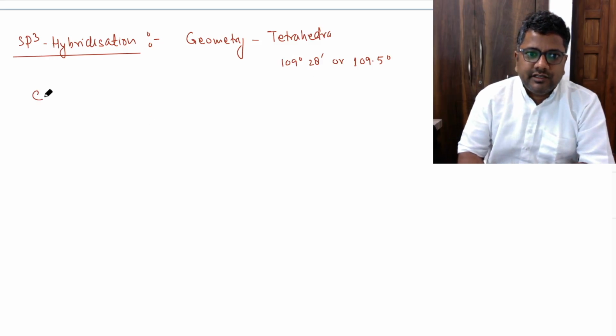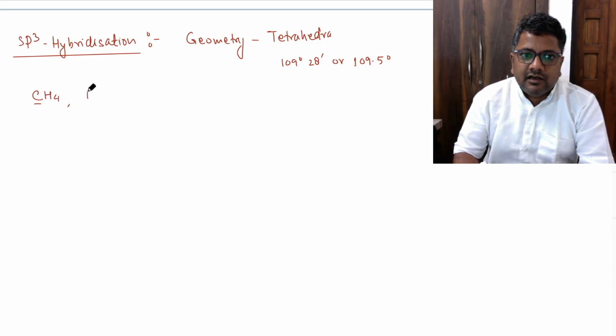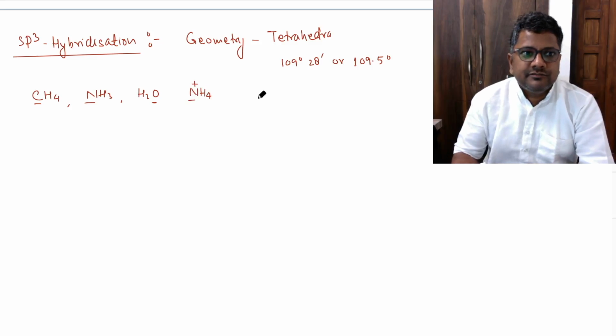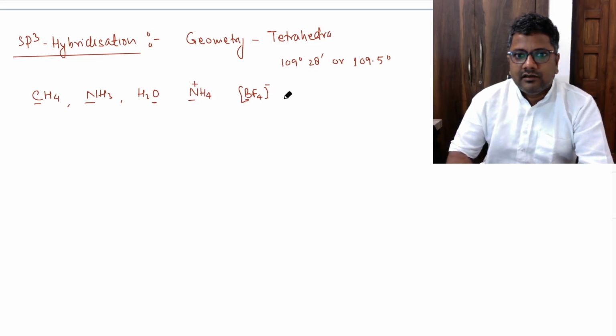If you see example methane, this carbon is sp3 hybridized, ammonia, nitrogen is sp3 hybridized, H2O, oxygen is sp3 hybridized, NH4 plus, nitrogen is sp3 hybridized, and BF4 minus, boron is sp3 hybridized, right?